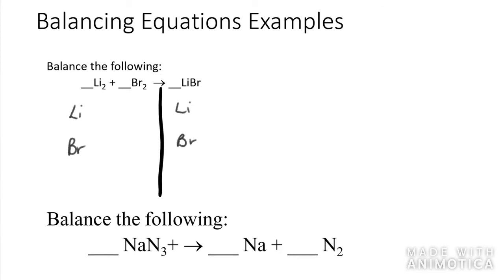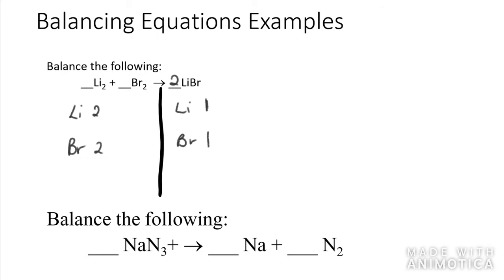Now we start to count. We have lithium 2, so we have 2 of them. Bromine 2, so we have 2 of them. Lithium nothing, so we have 1. Bromine nothing, so we have 1. So lithium, I have 2 on this side, only 1 on this side, so what coefficient should I be putting? A 2.